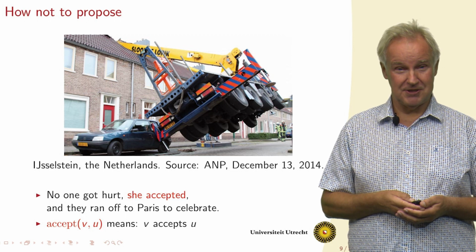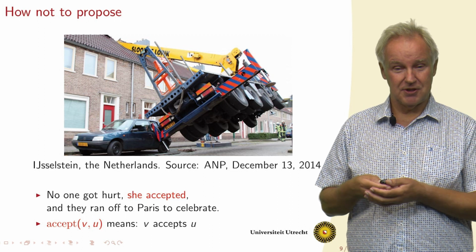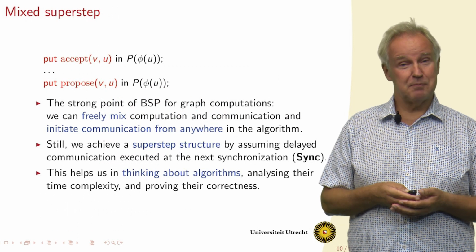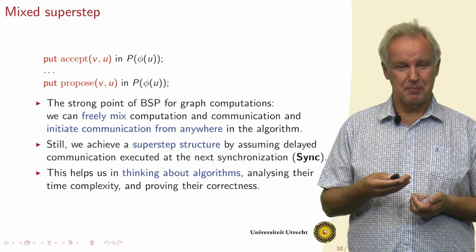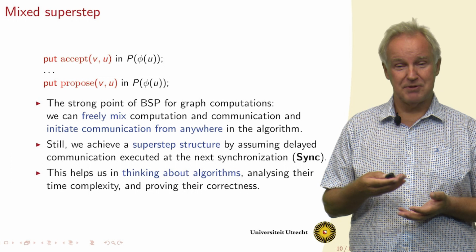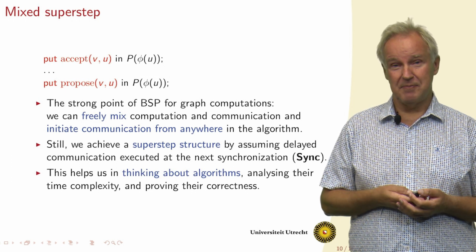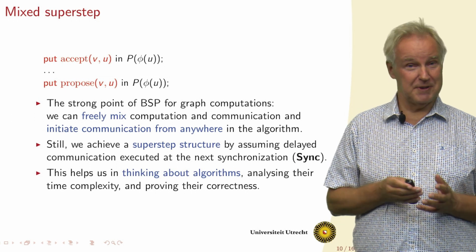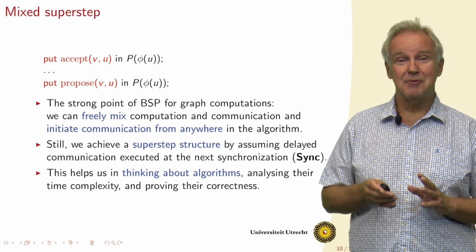This is the case of accept: she accepted. Accept(V,U) means V accepts U. So we can put these proposals and accepts in our algorithm. They create communication, and the strong point of BSP is that you can put it anywhere in your algorithm.